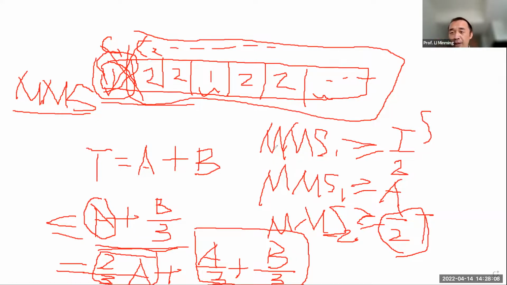Okay, so this is about the proof of the 4/3 MMS bound. And then we will talk briefly about the exam question on this, okay? As I mentioned, the exam question is on picking sequences, right? And there are two picking sequences.